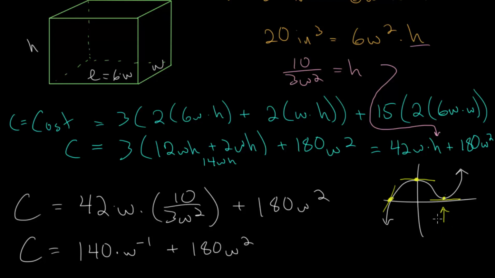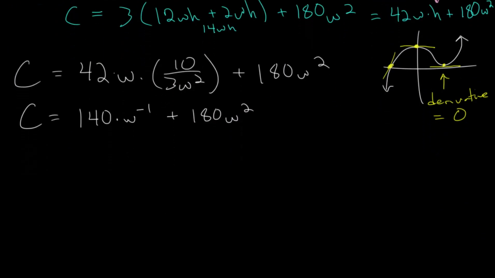So for the minimum, we can say that the derivative, the rate of change of the function, which gives us the slope of the tangent line at that specific point, would be equal to 0. So if we take the derivative of this cost function with respect to the width, this variable w, then we can set that equal to 0 and determine the critical points.